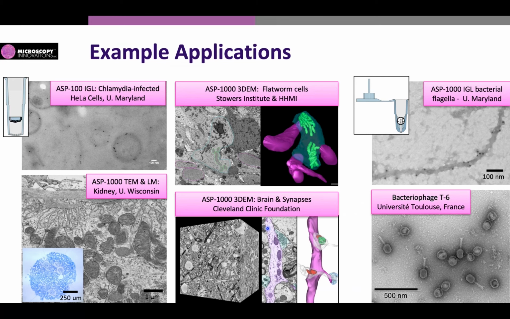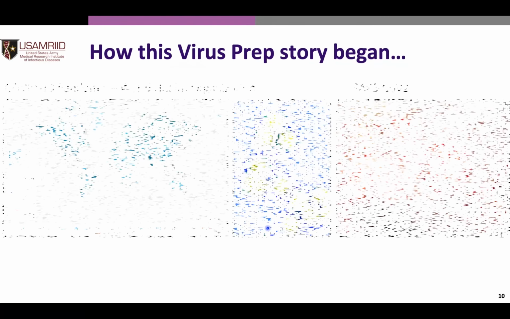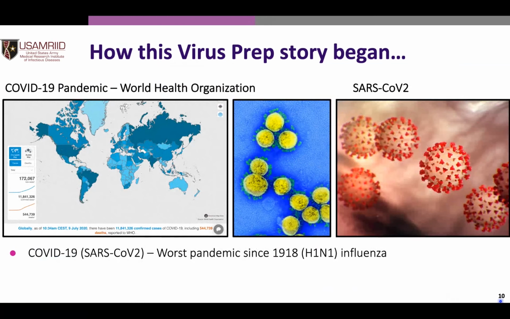This provides a good prelude to today's virus story. So how did this virus preparation story begin? Well, today, I'm speaking to you while we are in the midst of the COVID-19, the SARS-CoV-2 pandemic, which is arguably the worst pandemic that's occurred since the 1918 H1N1 influenza.